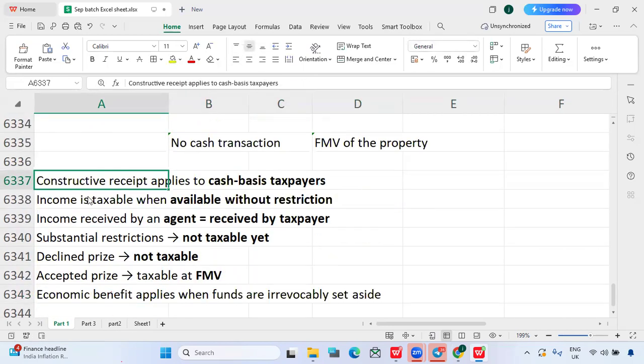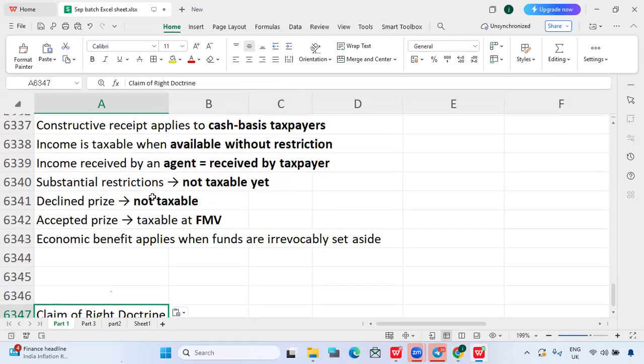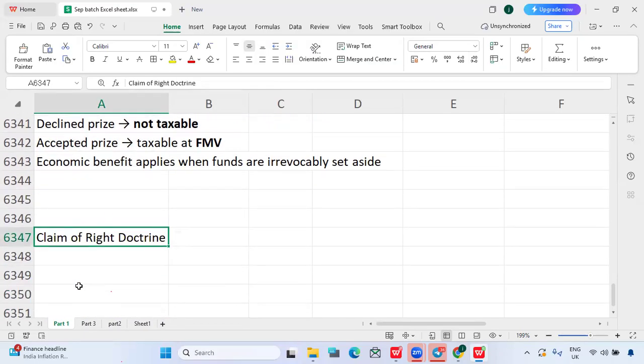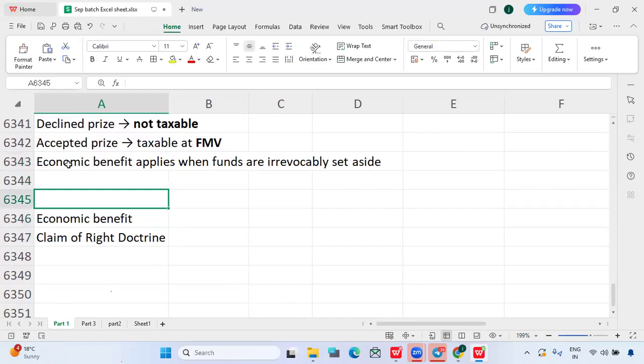So these are the points we have seen so far, and we will understand one more point quickly: the claim of right doctrine, which is also important. So one is the economic benefit doctrine we have seen, and also the constructive receipt doctrine, and the claim of right doctrine. So three doctrines in total. A doctrine is nothing but a law, a rule, I can say.